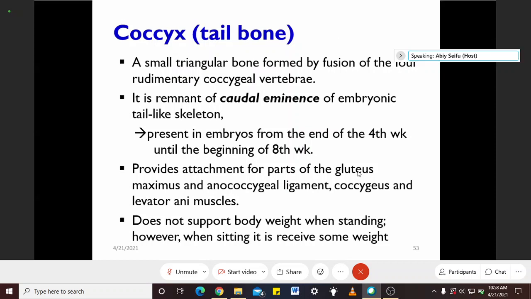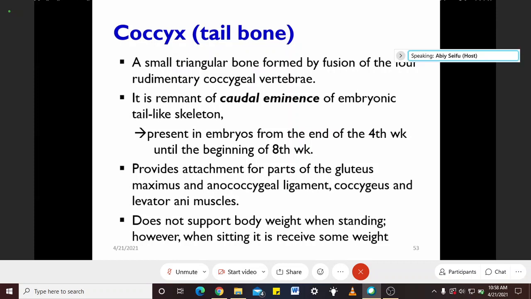Muscles of the gluteal region, the gluteus maximus, are attached on the coccyx. The anococcygeal ligament, and coccygeus and levator ani, those are muscles that form the pelvic diaphragm. The pelvic diaphragm forms the inferior floor of the pelvic cavity.